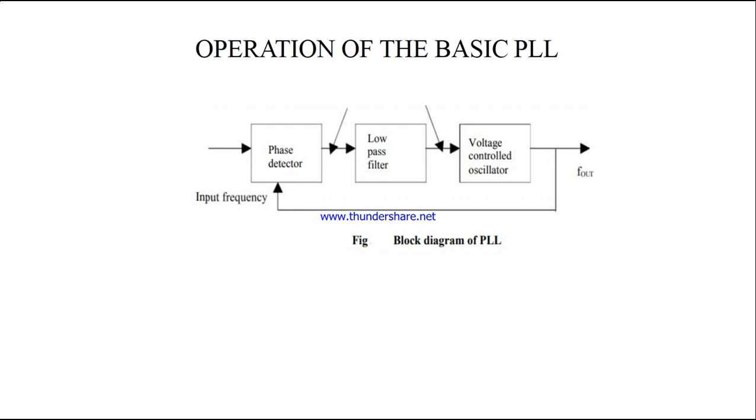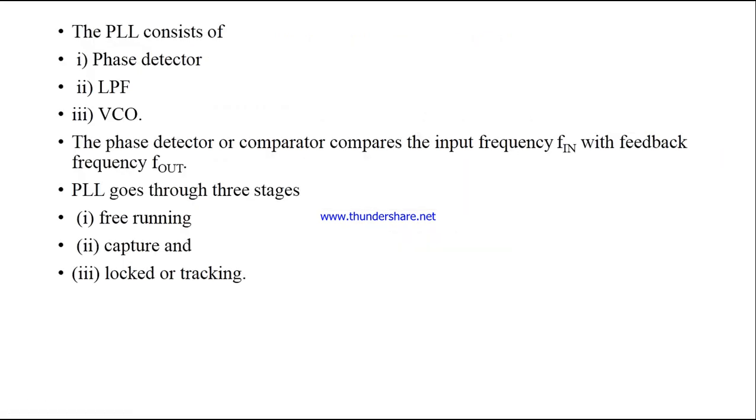The phase difference phi generates a corrective control voltage Vc to shift the VCO frequency from F0 to Fs, and therefore maintains the lock. Once locked, the PLL tracks the frequency changes of the input signal. Thus a PLL goes through three stages: free running, capture, and locked or tracking.